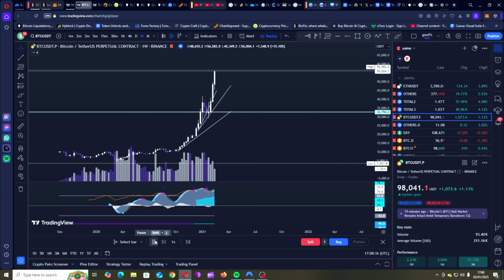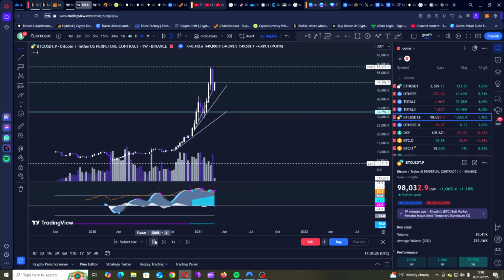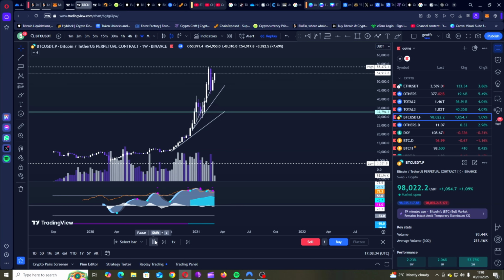Breakout. Big breakout. Drop back in. A retest of that steep trend. Another big push.